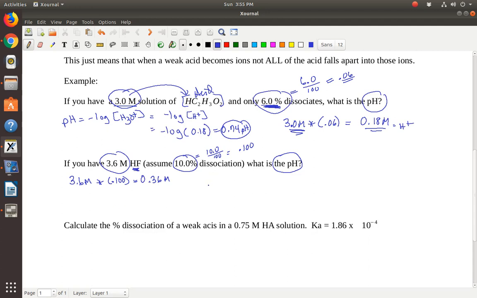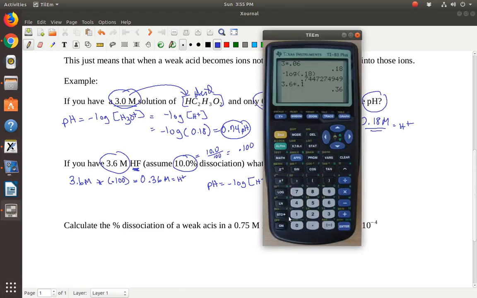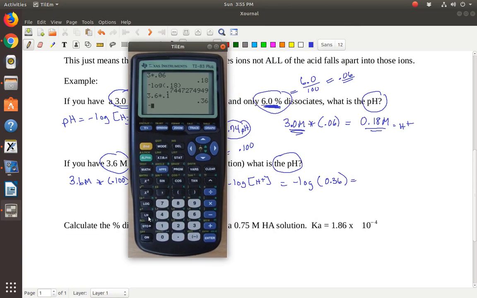And so what's the pH? pH equals the negative logarithm of the hydronium ion, or the hydrogen ion concentration. This is the hydrogen ion concentration in this weak acid. So it's the negative logarithm of 0.36. Negative log 0.36, close parentheses.